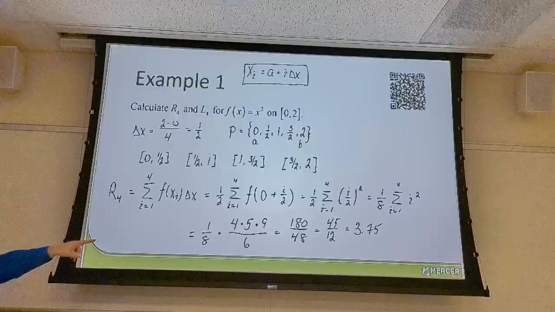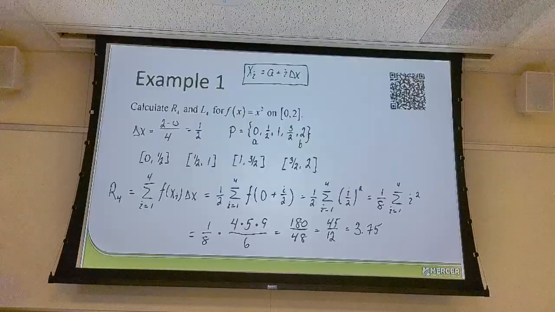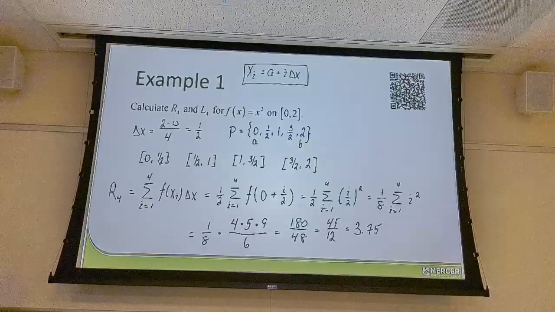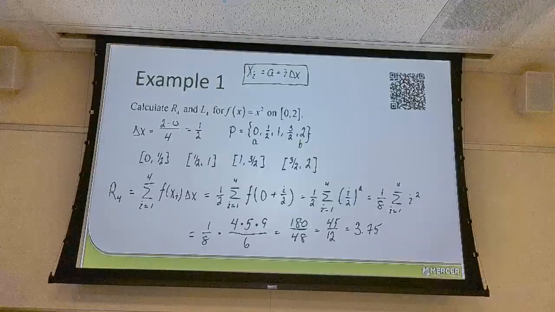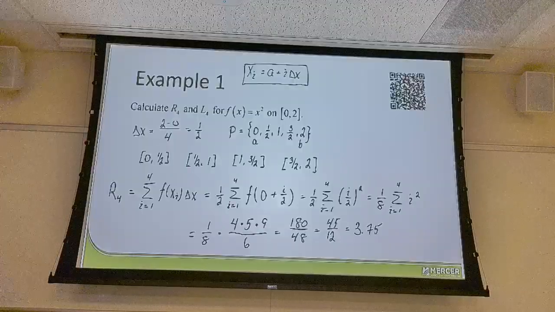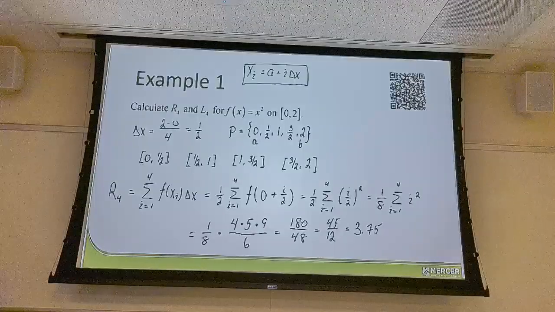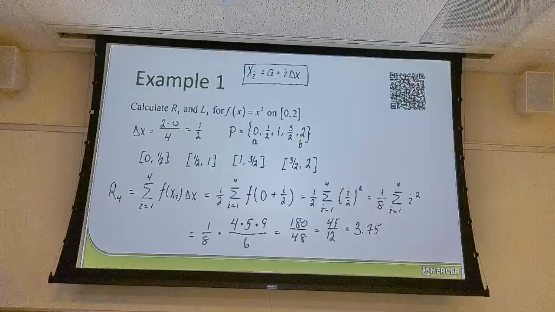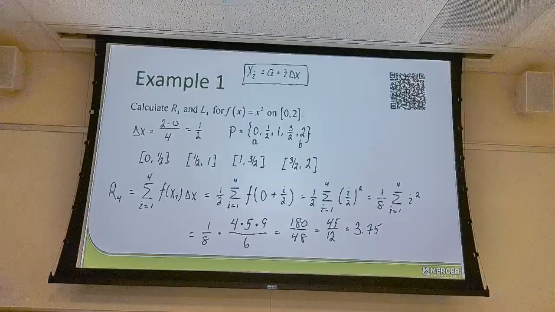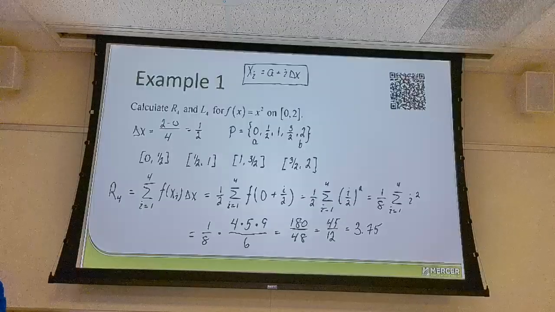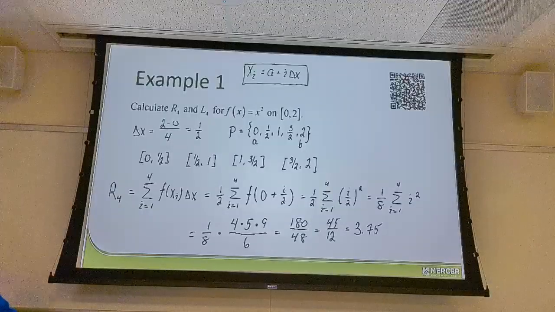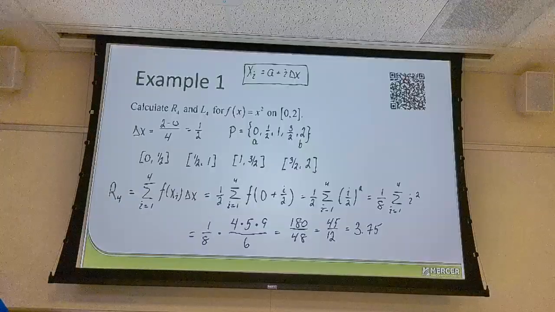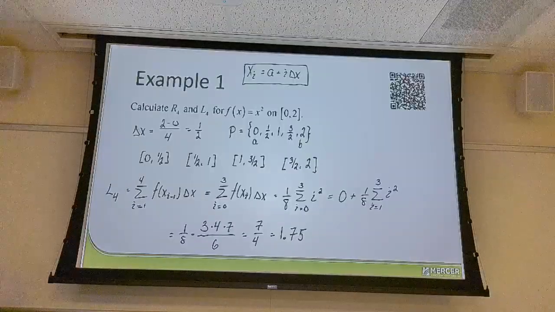That actually simplifies down further to 15 quarters. I'm just going to assume that my notes are wrong. Half is 7.5, 3.75. Okay, so my notes are just wrong. That calculation is off. We're good. So that's R4 and L4.